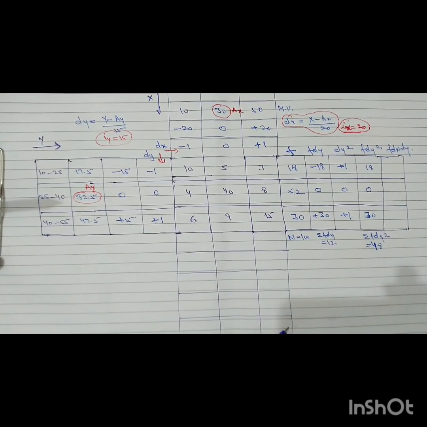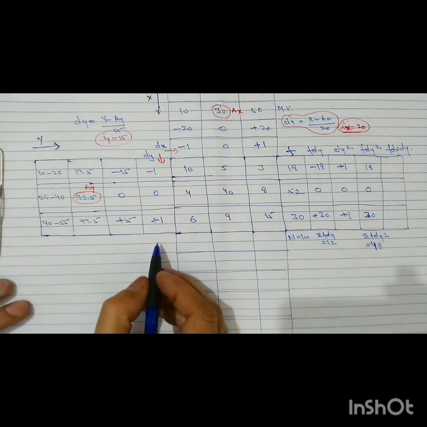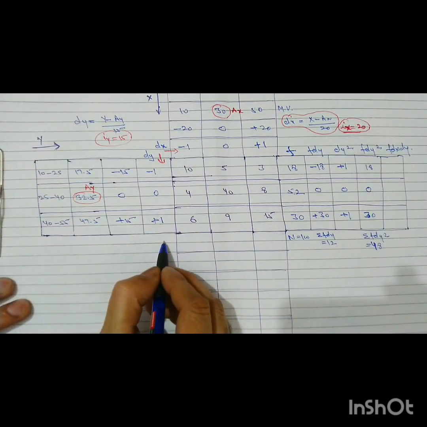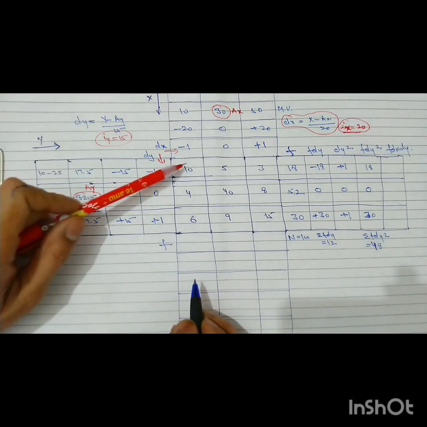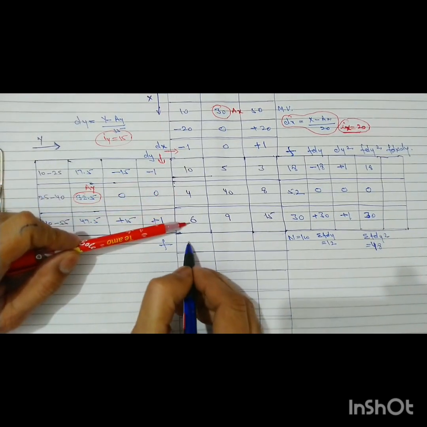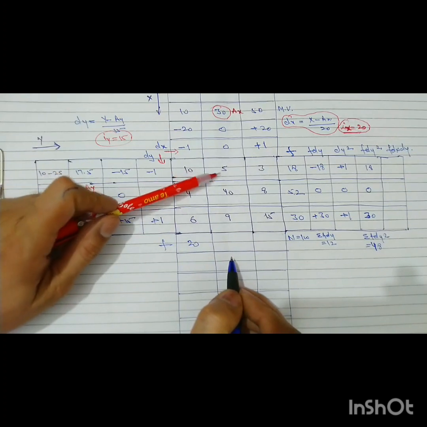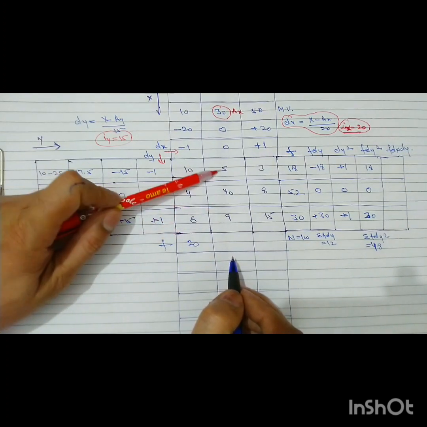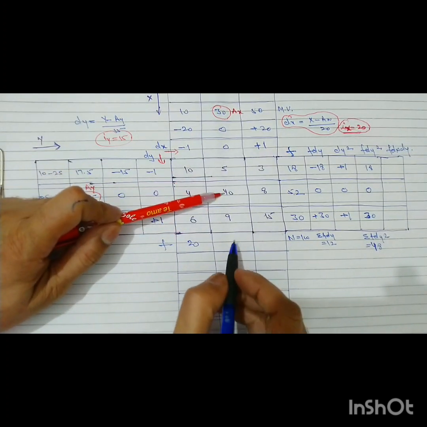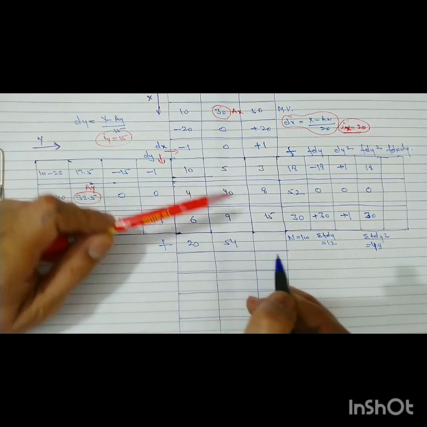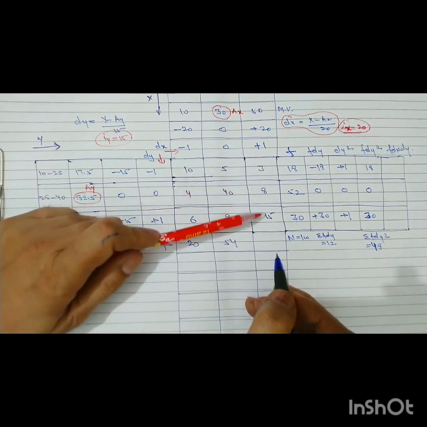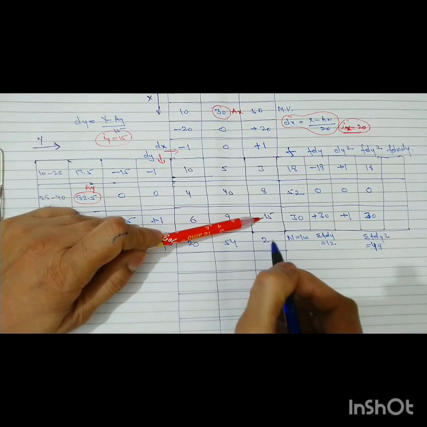Now for the X series, first calculate the frequency. The frequency is 10 plus 4 plus 6, which is 20. 5 plus 40 plus 9 is 54. 8 plus 3 is 11, plus 15 is 26.